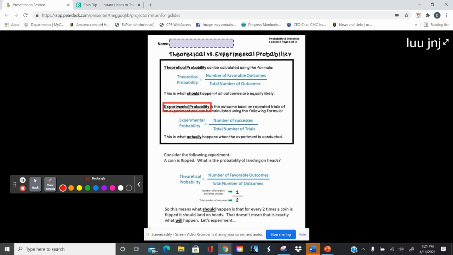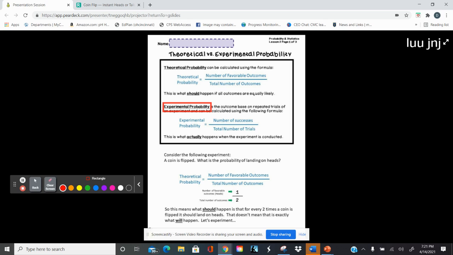So that makes that a favorable outcome for me, right? So when we're talking about the probability of something and we're looking for the favorable outcome, we're talking about the event that we're looking for.